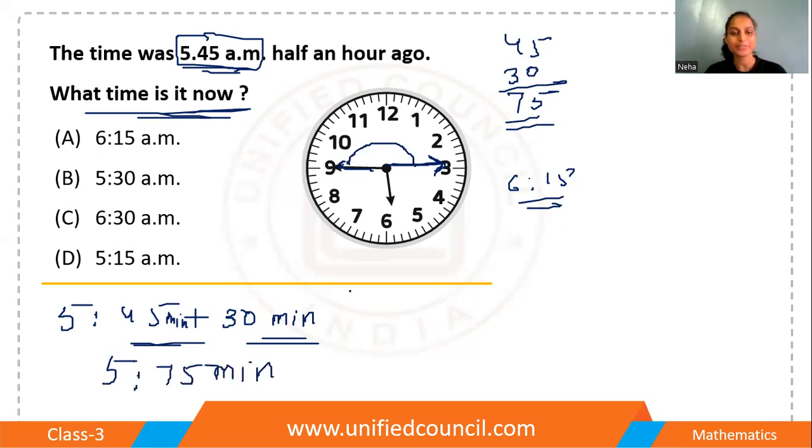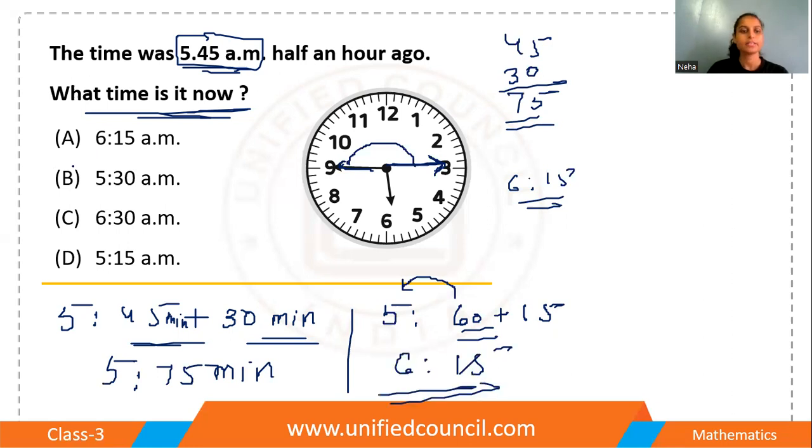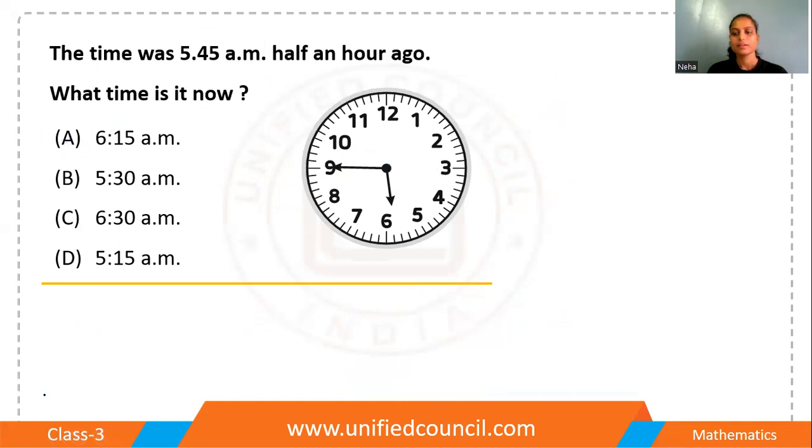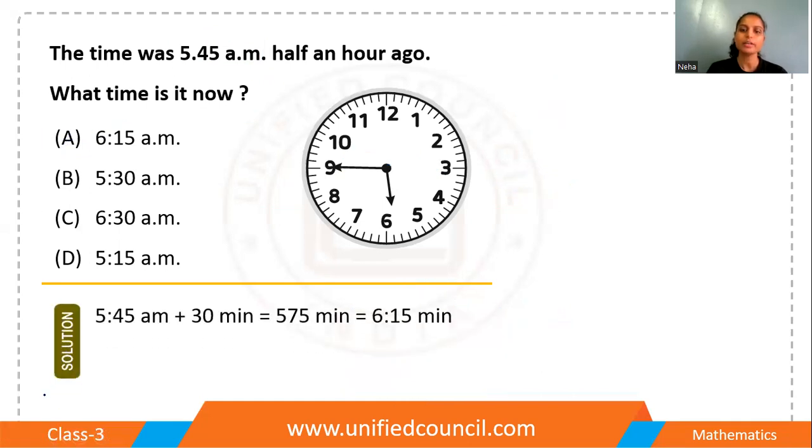So now I know that 75 I can write 5:60 plus 15 because 60 minutes is 1 hour, right? 60 minutes is 1 hour, so it becomes 6. So this is 6:15. This is AM, so this is also AM. Option C is the right answer. Alright, let me show you the detailed solution and let's move to the next question.